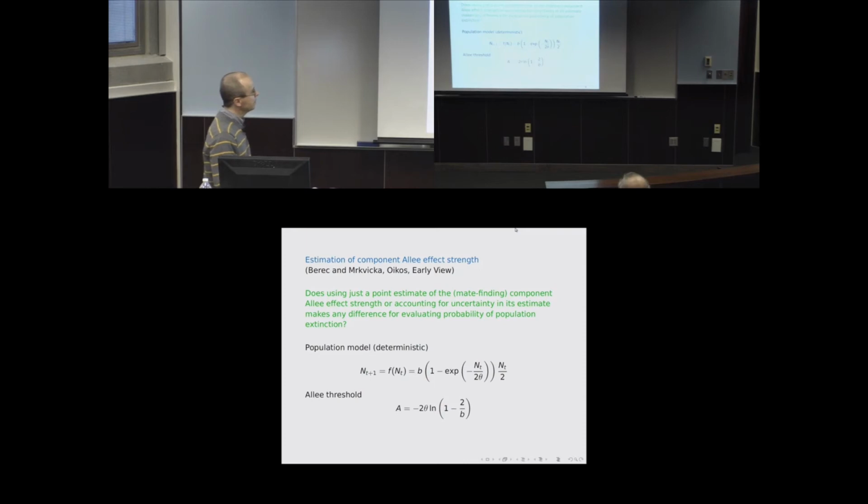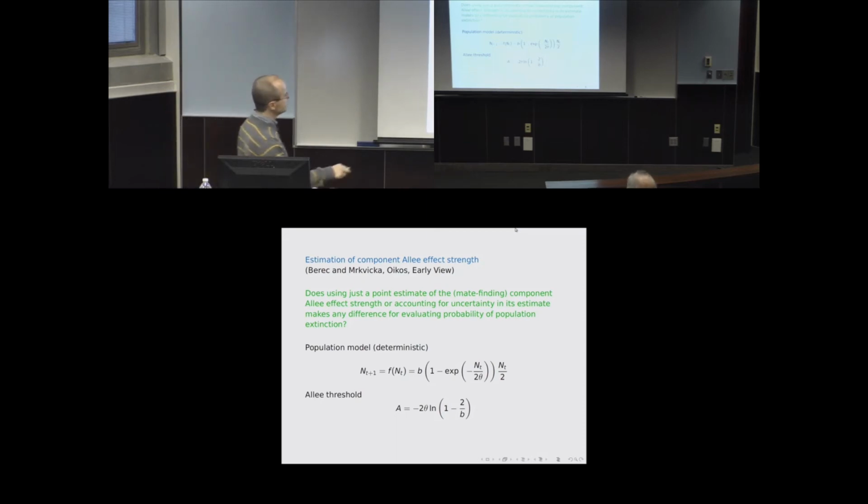But the problem is that if you estimate this component Allee effect, your result will not be one number, but a distribution, a number plus uncertainty. The question is whether this uncertainty affects the probability of population extinction in an important way, or whether it doesn't matter to consider this uncertainty.